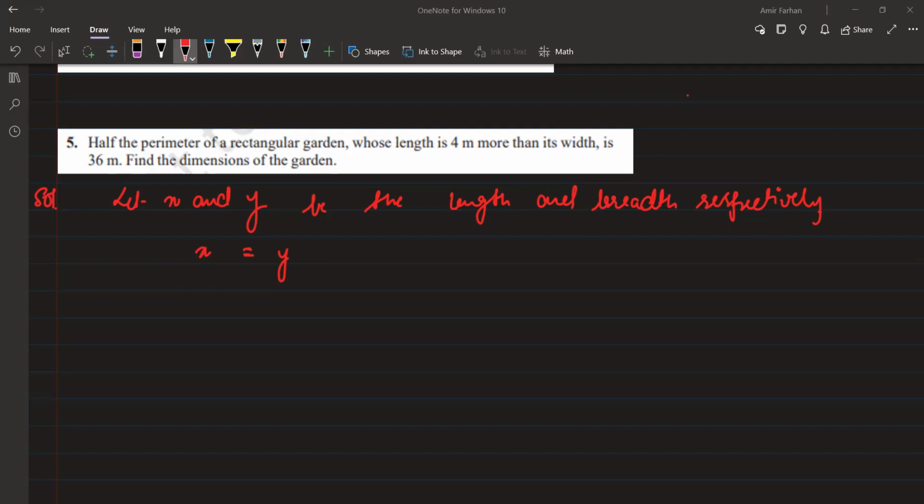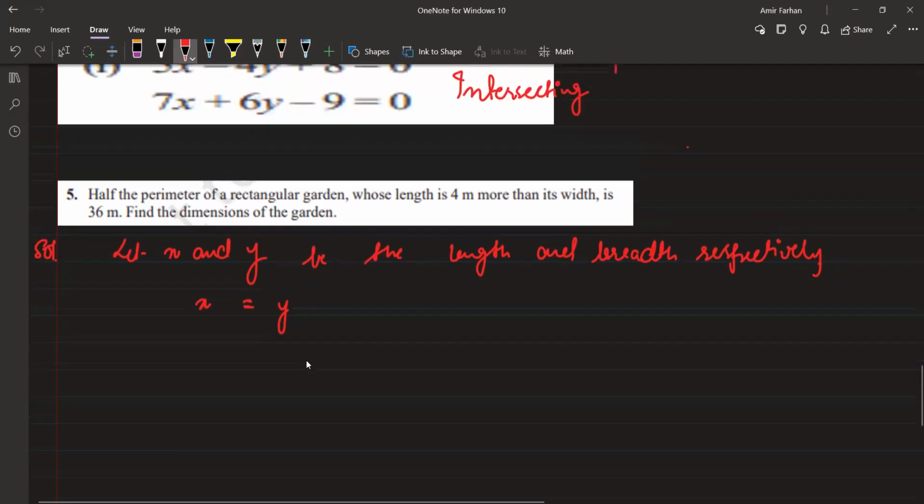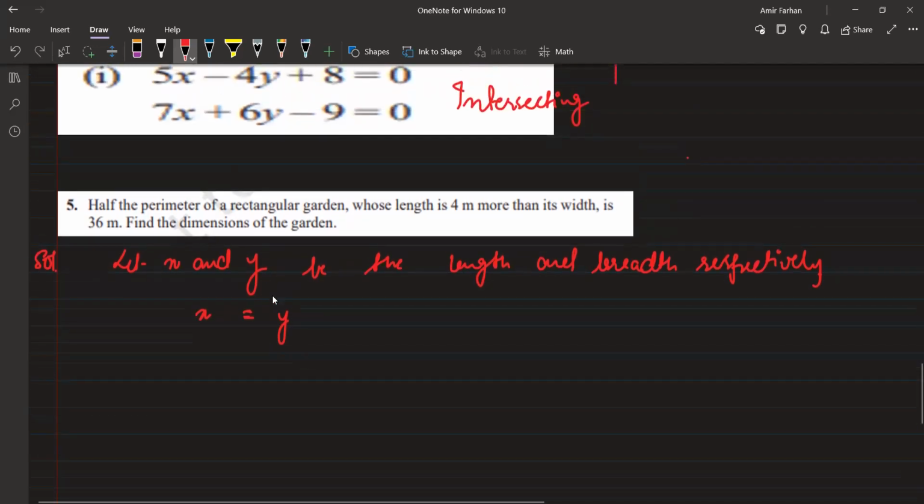Just a second. So it's saying that half the perimeter of the rectangle whose length is 4 meter more than its width. Width से 4 मीटर ज्यादा है. Just a second.